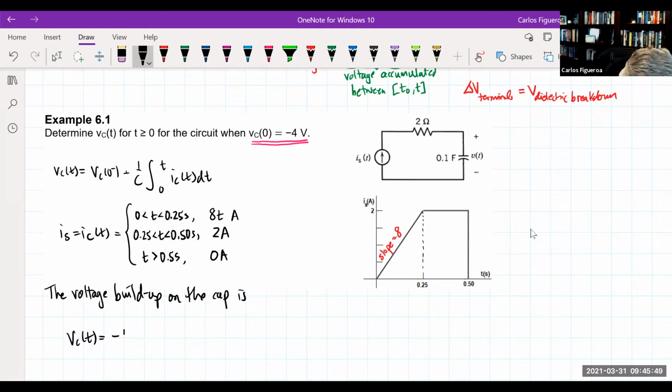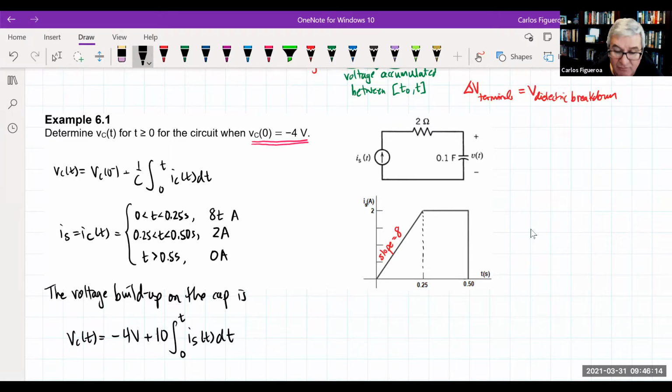Here, it's at -4 volts. And then I see that the capacitance is 0.1, so 1 over 0.1 gives me a value of 10. And then I'm going to integrate this, and that t is going to tell me the range I have to be looking at of the source.